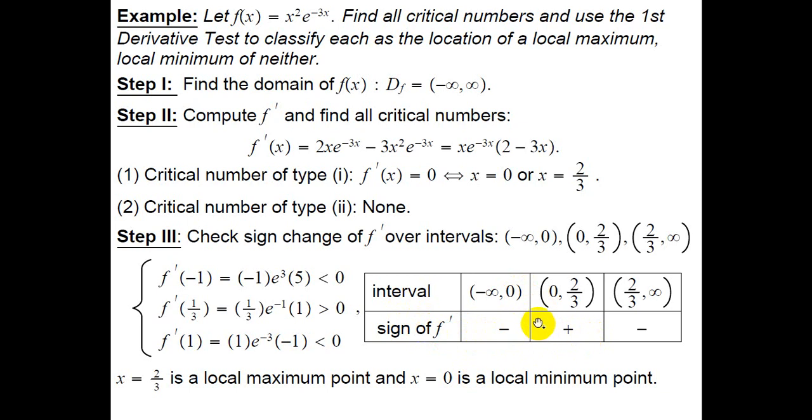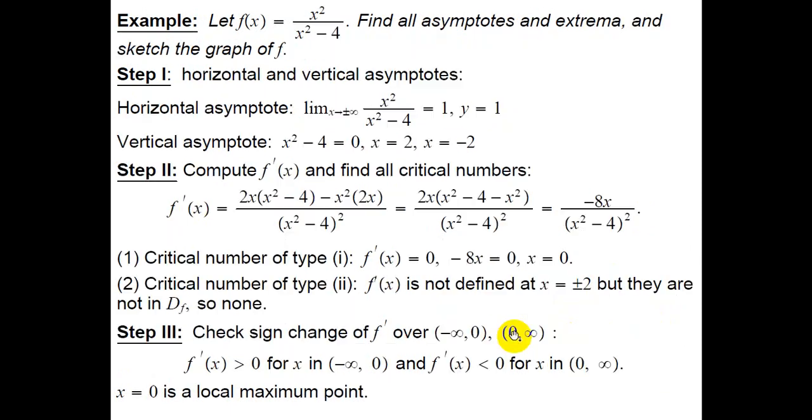So we have a local extremum at 0, and this is a minimum. And we get a maximum when the sign is changing from positive to negative at 2 by 3. So this is how we can define the maxima and minima.